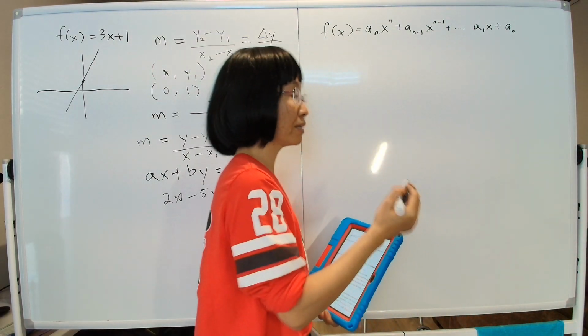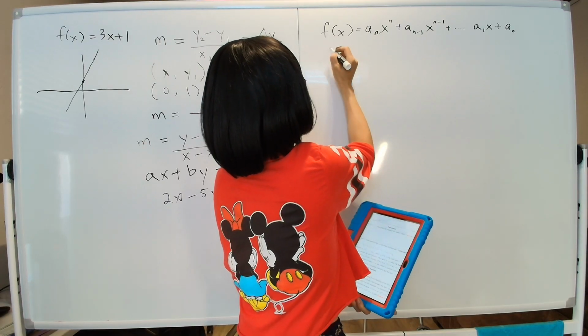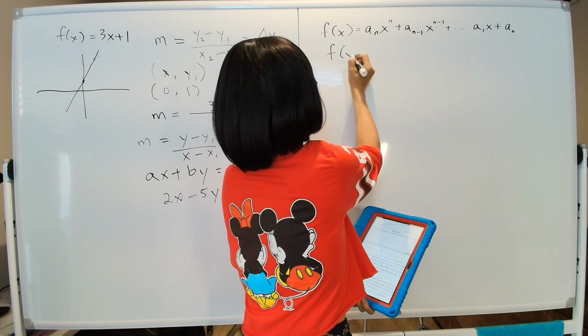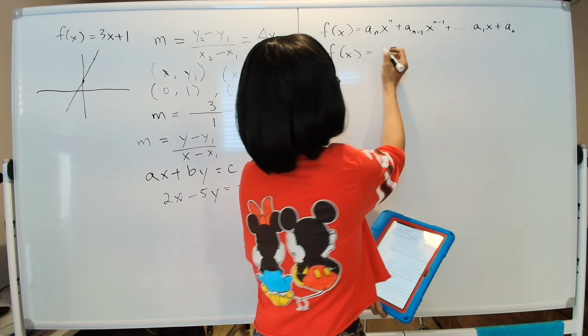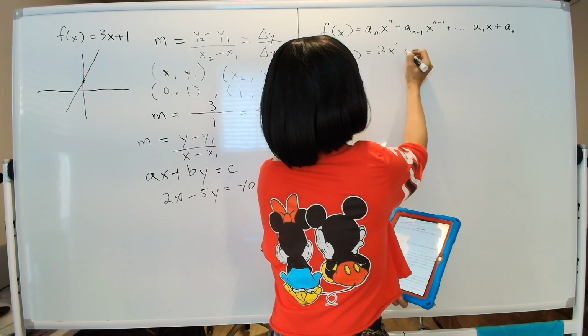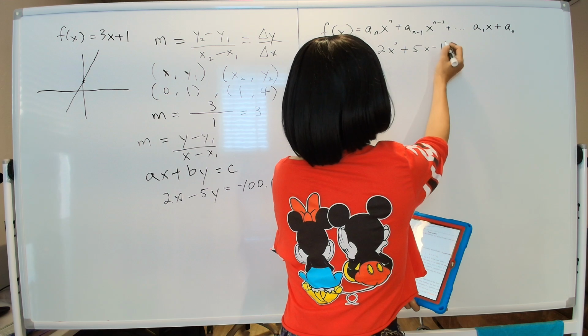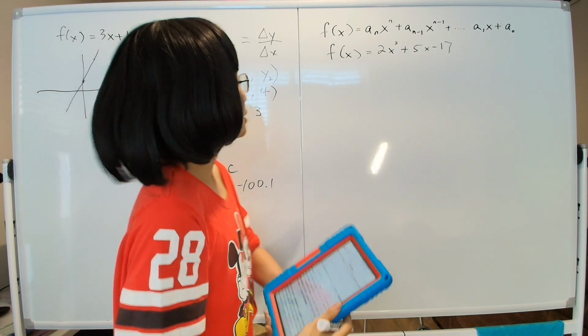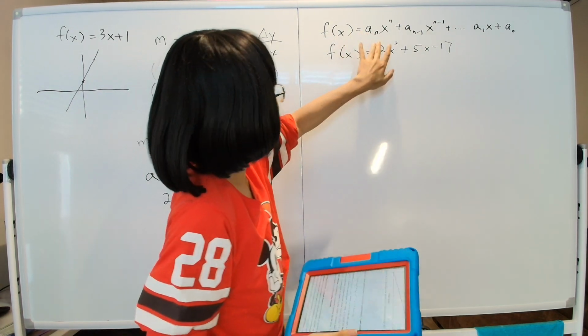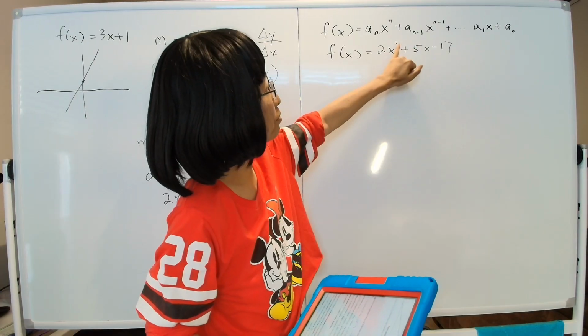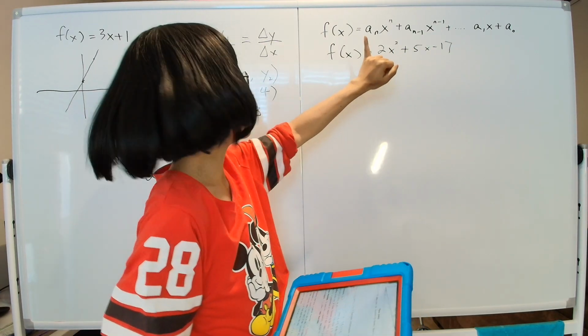Next one, let's look at a slightly more complicated example. F of x equal to, let's say, 2x squared plus 5x minus 17. Now, in this case, n equals 2, because that's the highest power for your polynomial.